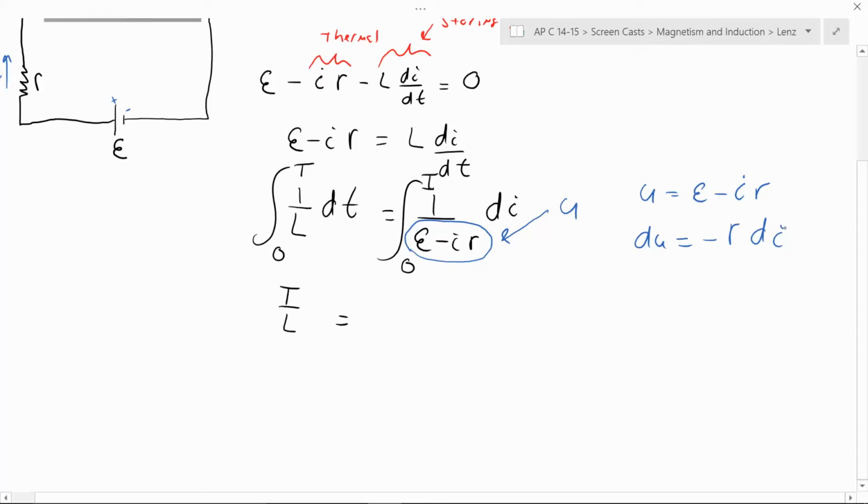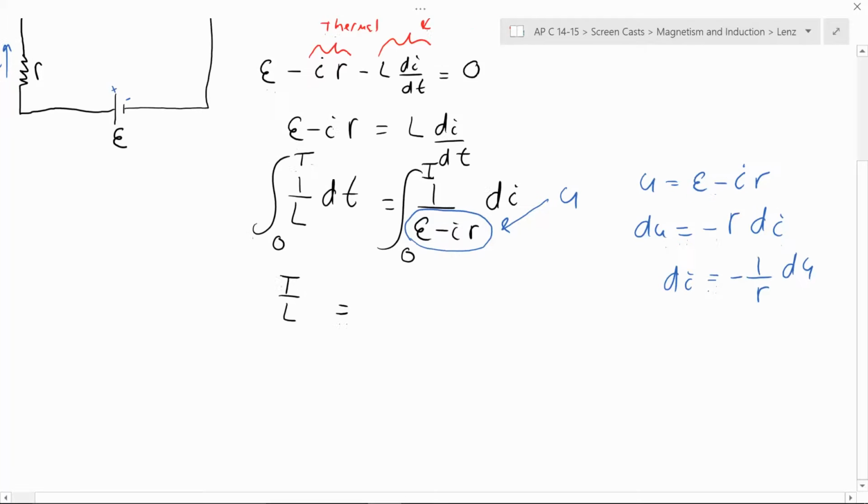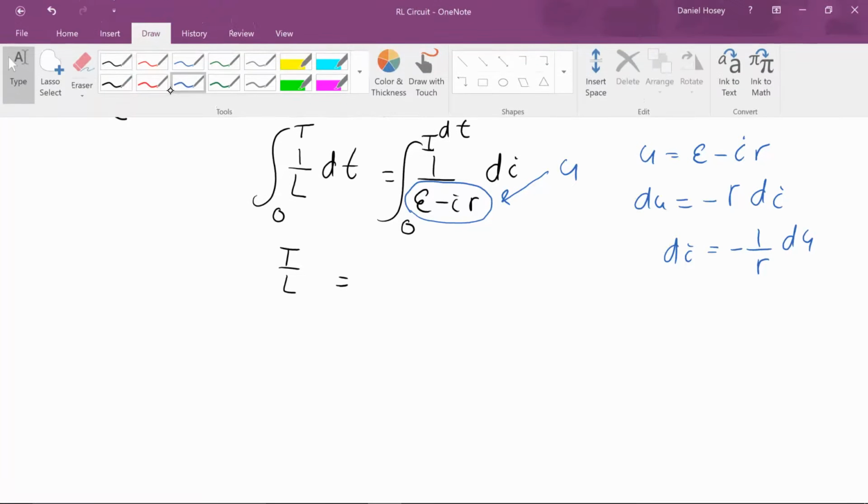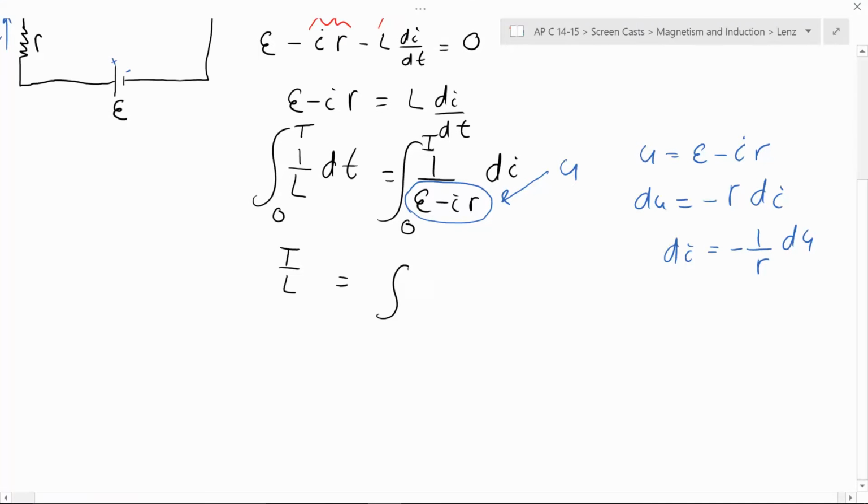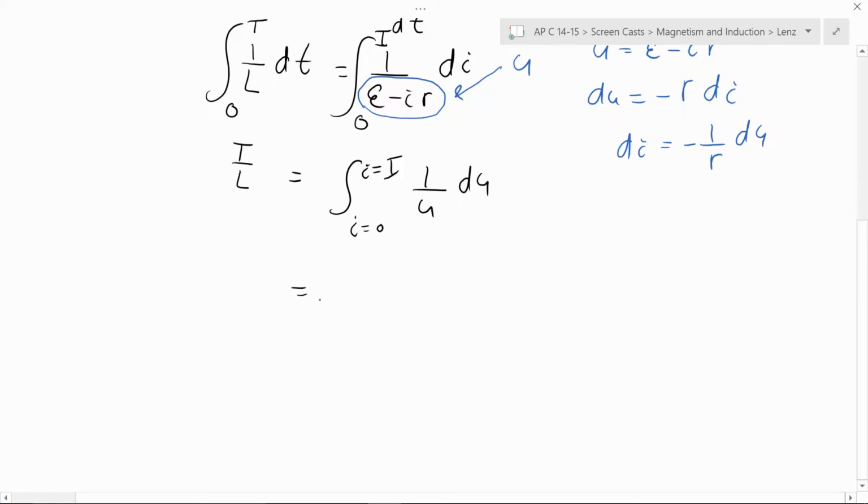And because we're trying to replace this, dI is going to be negative 1 over R dU. So what I'm actually going to integrate is the integral from, I don't know how math teachers like to do this, I'm going to call it from I equals 0 to I equals capital I. And we're integrating 1 over U dU. Well, the integral of that is the ln of U.